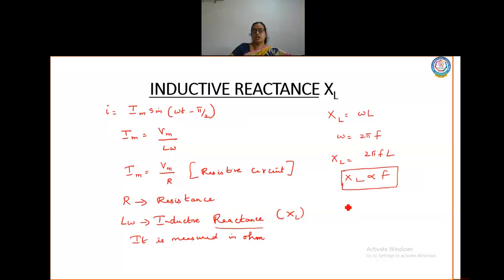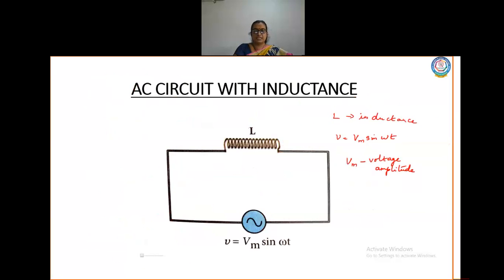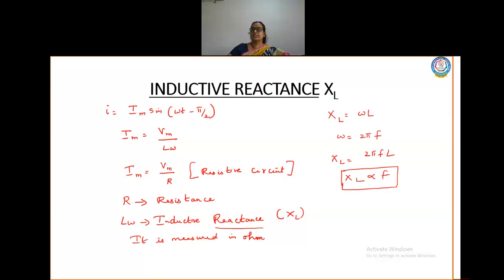Suppose it is not an AC; look at this circuit once again. Instead of an AC here, if I connect a DC, what happens? As far as DC is concerned, you don't have a value for frequency in a DC circuit. In a DC circuit, f is 0. So you have the value of XL to be 0.